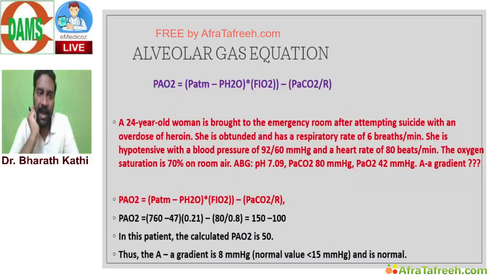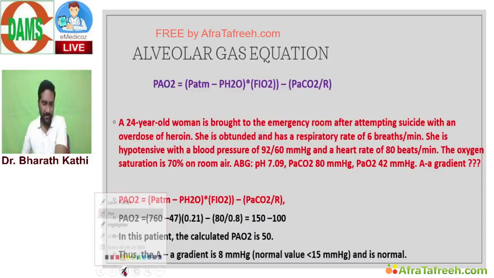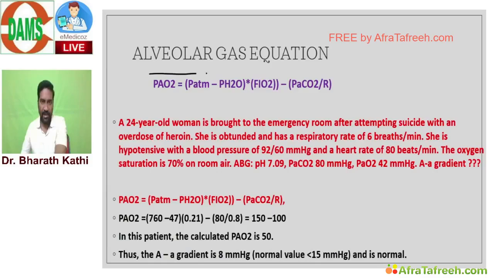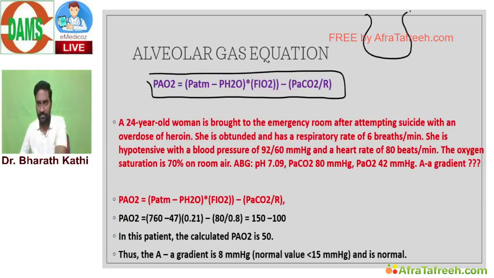Then coming to the alveolar gas equation. How to measure alveolar oxygen? You must know this is your alveolus. Whatever oxygen is present in the alveolus is PAO2.